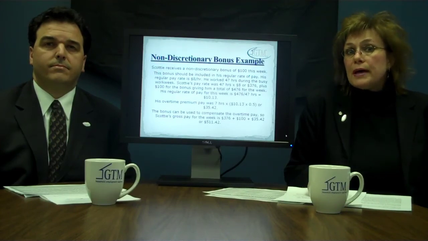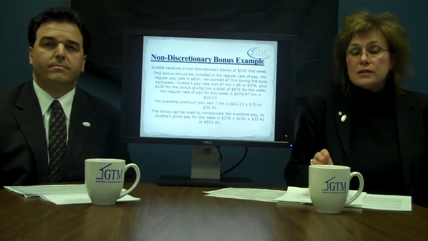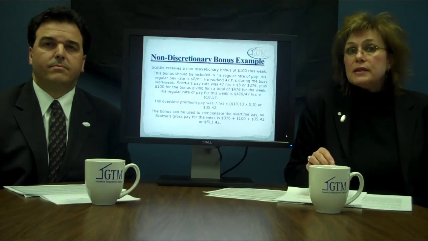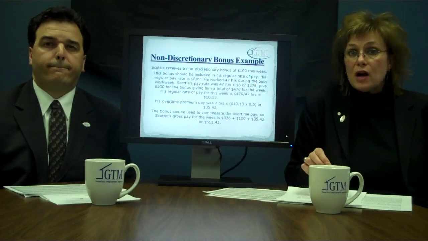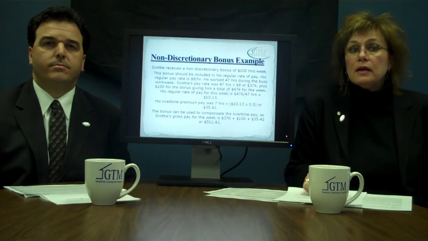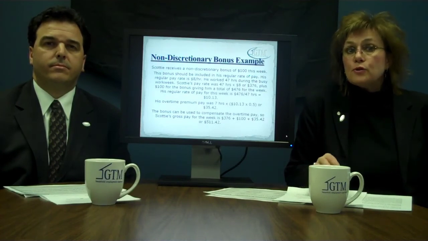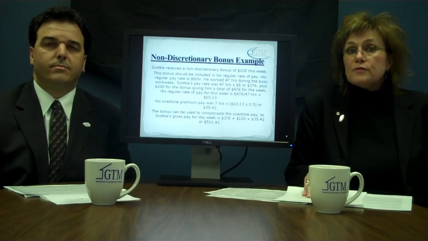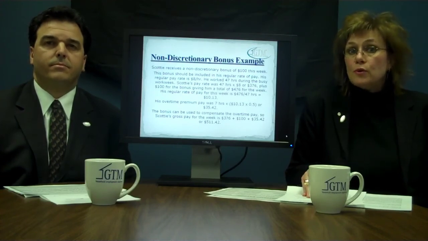His overtime premium pay would be 7 hours times $10.13 times 0.5, or $35.42. The bonus can be used to compensate the overtime pay. So Scotty's gross pay for the week is the $376 plus the $100 bonus plus $35.42 overtime premium pay, or $511.42 gross for the total week.